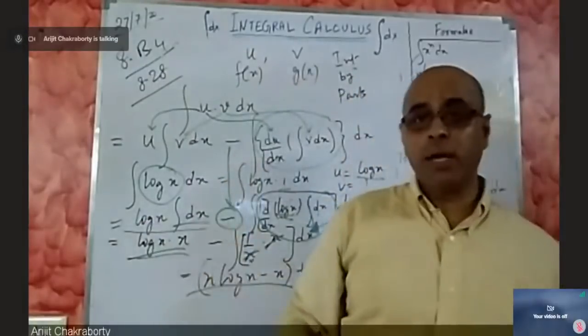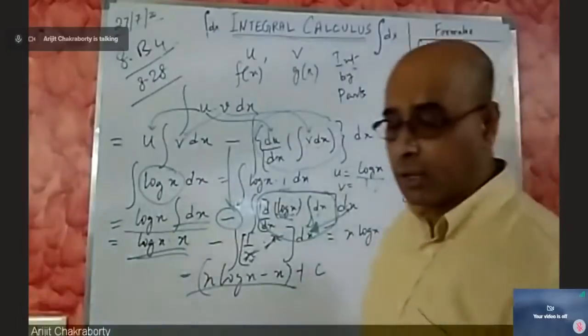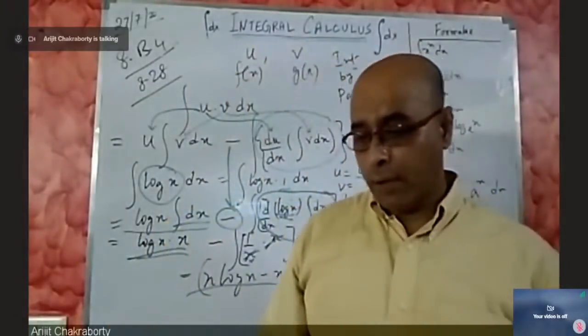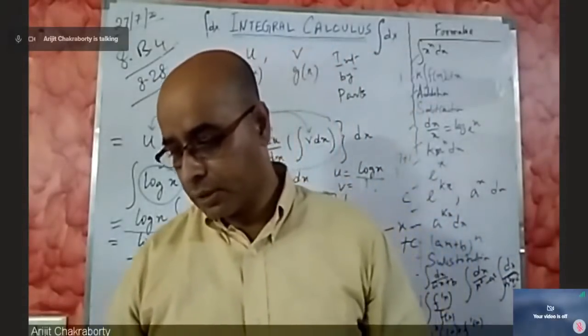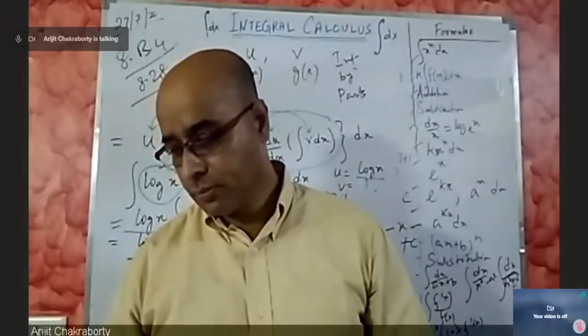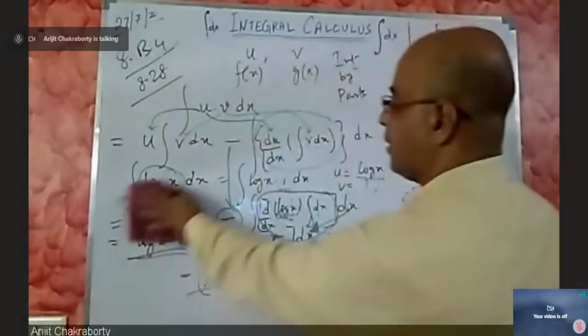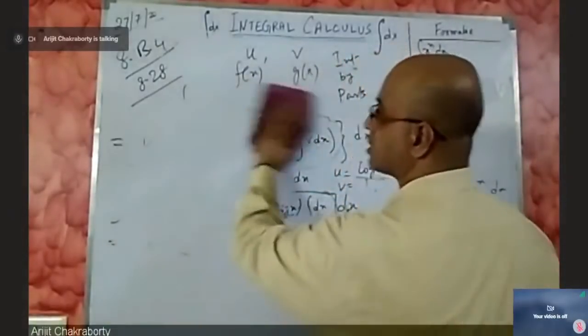Please remember the formula, otherwise without the aid of the formula, you will not be able to carry out these types of questions. Right. Now let me take up one more example. Okay. So I'm rubbing this. This is the toughest formula, integration by parts.